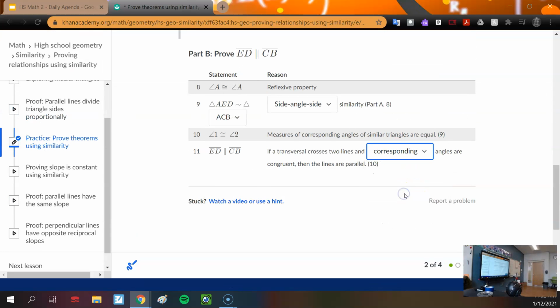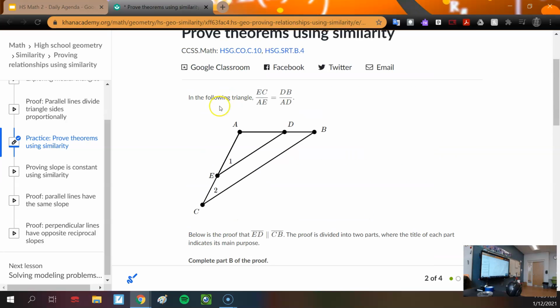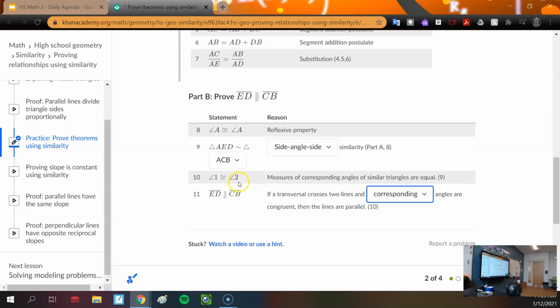And these are all proofs that we will then use later. Now that we have proven this, we're allowed to say these two triangles are similar, using E and D as points on the triangles that keep this ratio. We know angle 1 and angle 2 will be congruent. We also know that because they're similar triangles, corresponding parts of similar triangles must be similar.